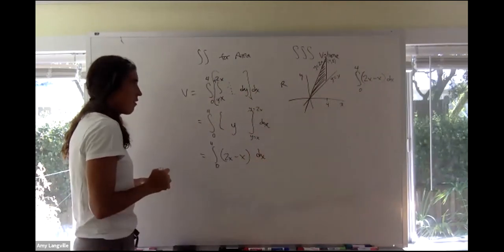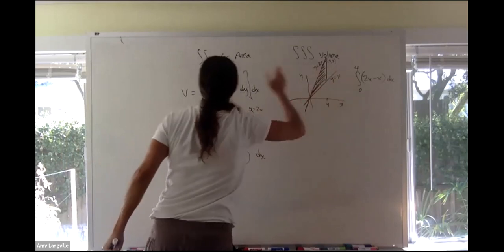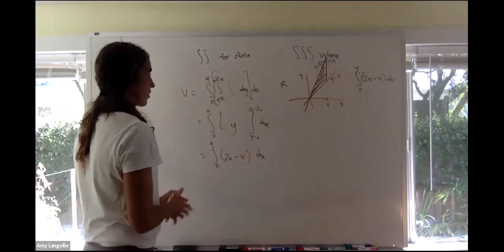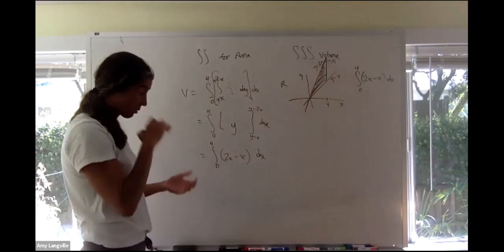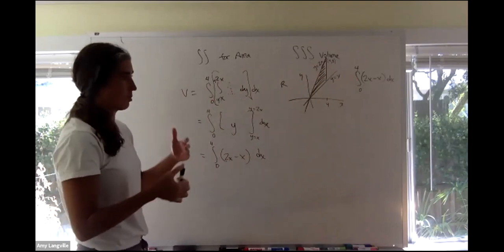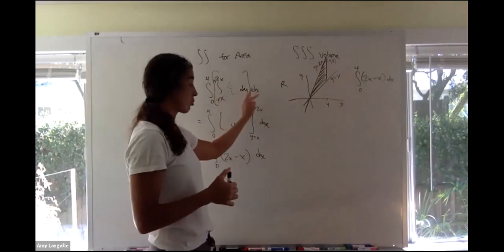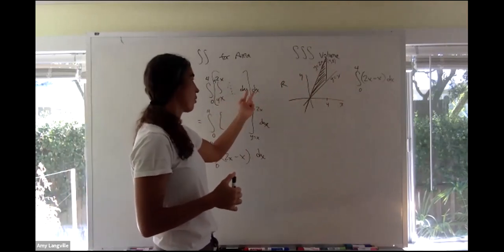Right. So maybe this is a more complex way of doing the single integral, but the double integral really represents an area. And sometimes that's helpful to see, and you're going to get a lot of practice with thinking of those as areas, and then making sure you can switch the order of integration from x to y.